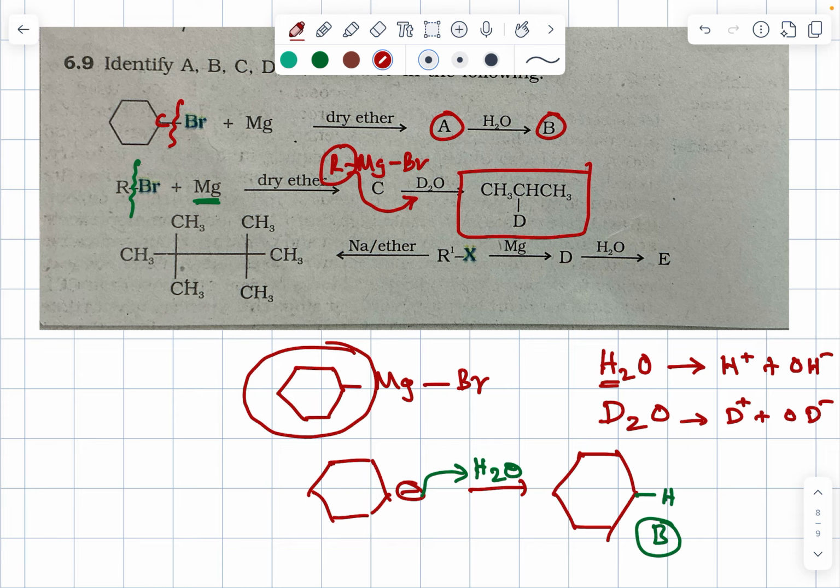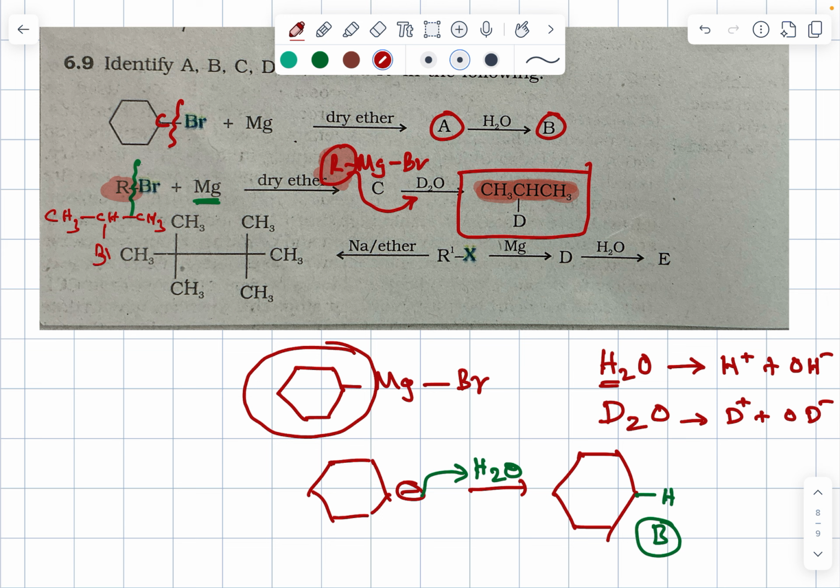So from this product, I can guess what type of R group it is. This is the R group, and this same R group will be present in this R group and in this R group. So what will be the initial one? The initial one can be CH3, CH, CH3 and Br.